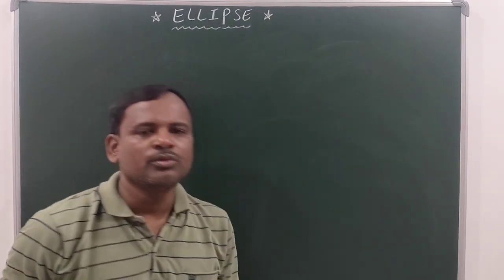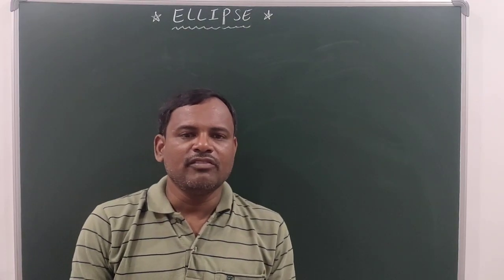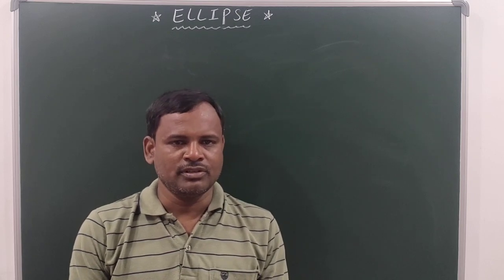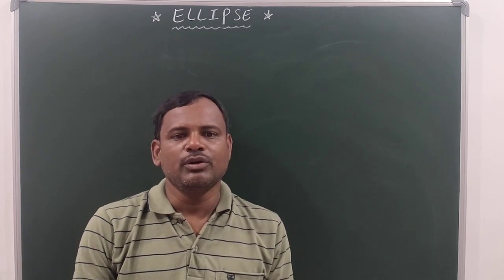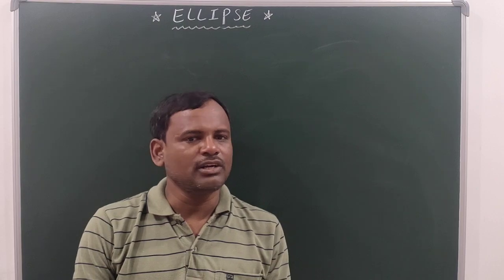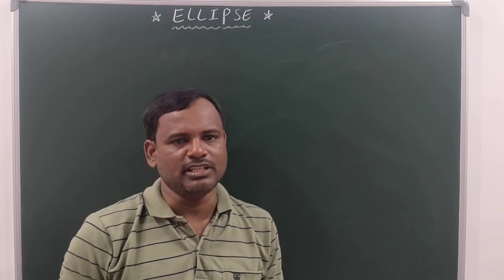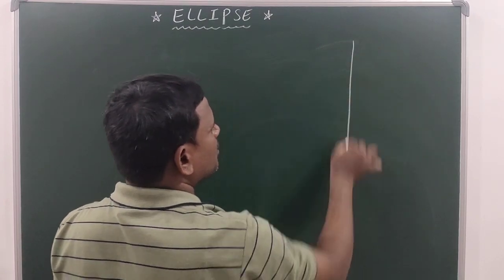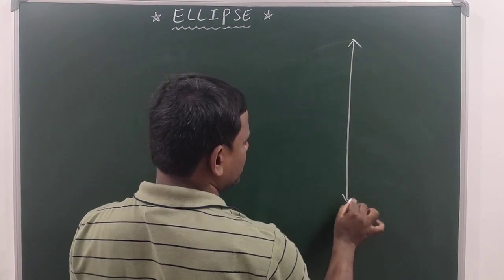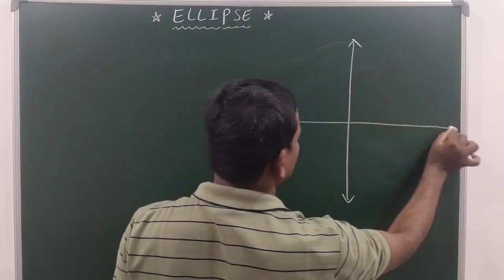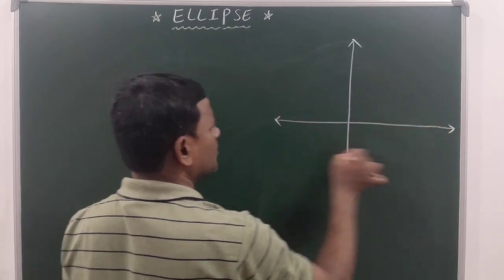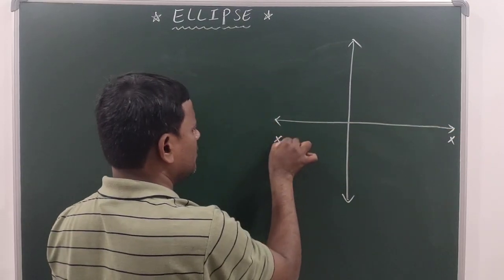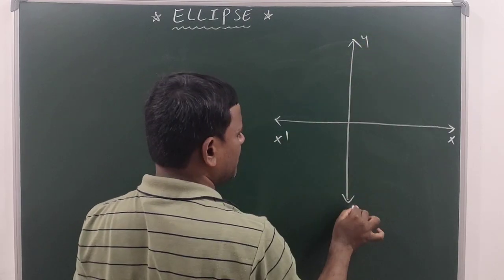Let us go on to derive the standard form of an ellipse. Before that, we need to discuss some terminology related to this ellipse. Consider the Cartesian system, X dash, Y dash.